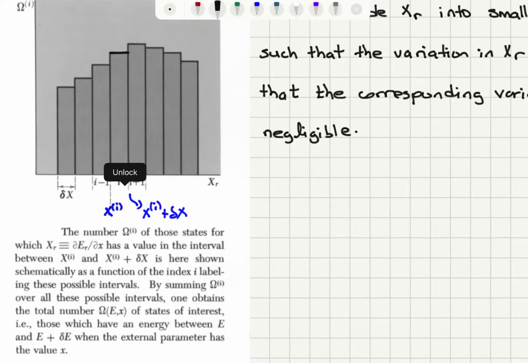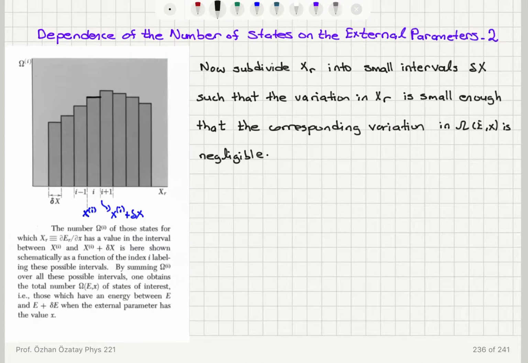If we sum over all such omega i values over all these possible intervals, we will get the total number of accessible states for energies in the range E to E plus delta E when the external parameter has a value x. So basically we're looking at a subset of the number of accessible states such that in this subset omega i, xr has a value in the range xi to xi plus delta x.